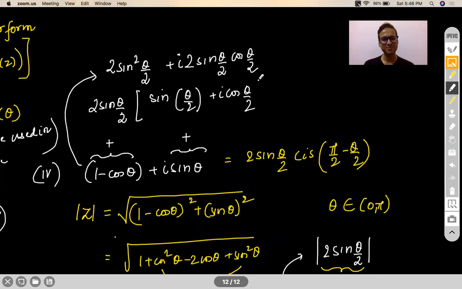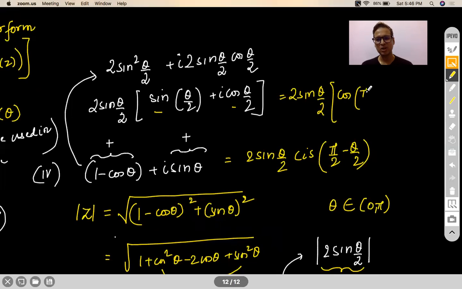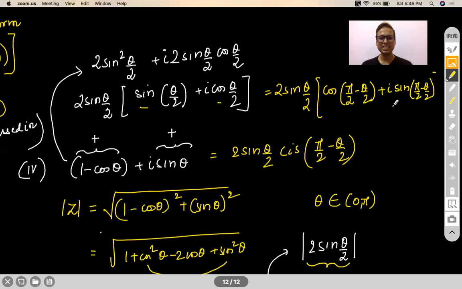But in your polar form, there should be cos here and sine over here. So not much of an issue, I will write sine theta by 2 as cos pi by 2 minus theta by 2 and cos theta by 2 as sine pi by 2 minus theta by 2. Make sense? We end up getting the same result, 2 sine theta by 2 cis pi by 2 minus theta by 2.